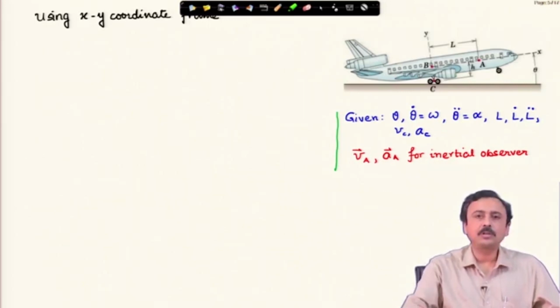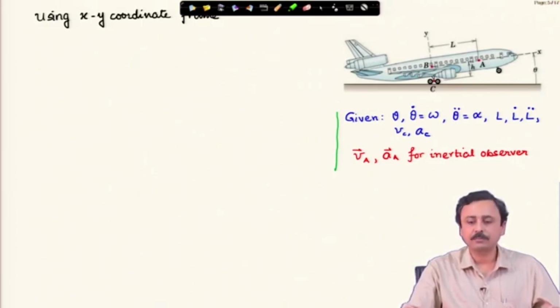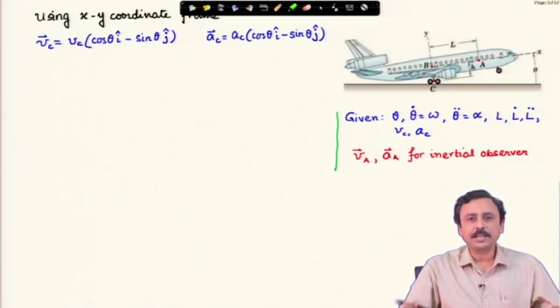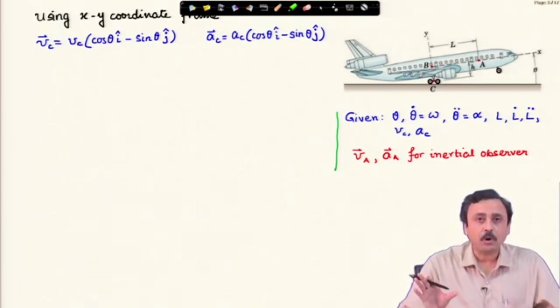I have written out all the given parameters that are specified in the problem. We have to find out VA and AA, velocity and acceleration of the person A as seen by an inertial observer. We have to represent all relevant vectors in this xy frame.